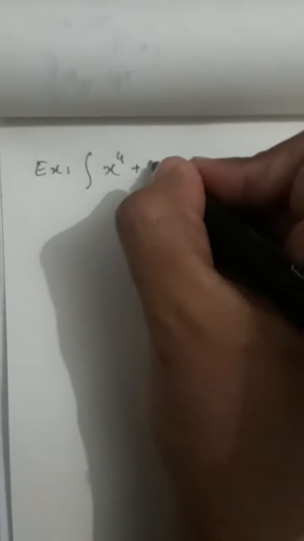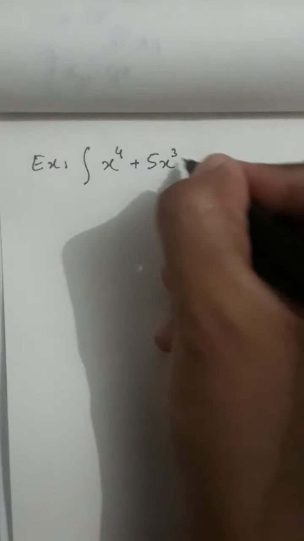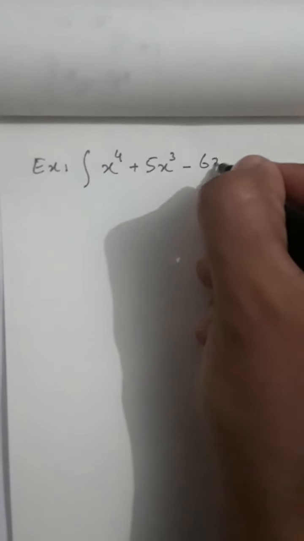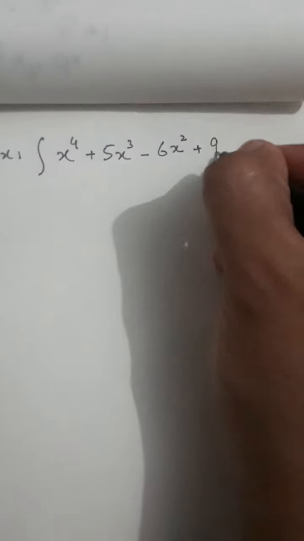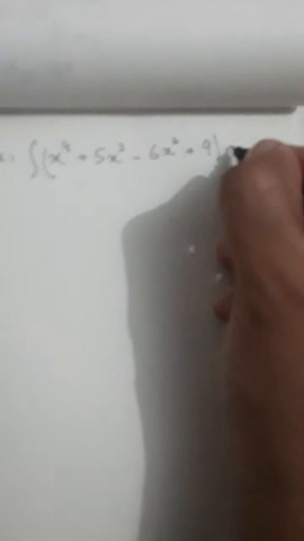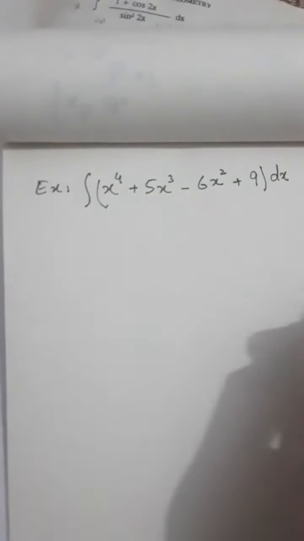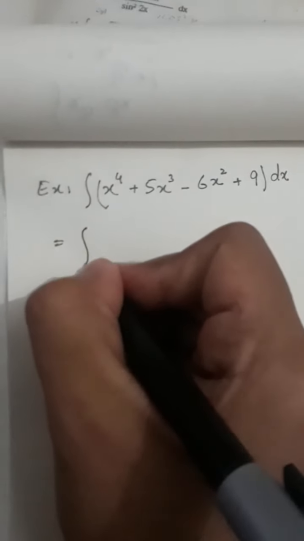So the problem is to find the integral of x power 4 plus 5x cubed minus 6x squared plus 9 times dx. So the first thing is that you can write it separately.